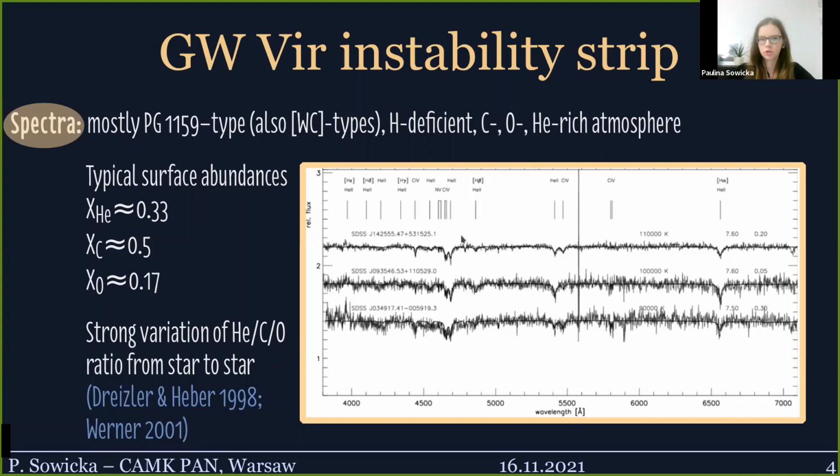The main spectral feature that distinguishes the PG1159 stars is this absorption trough made by the helium II lines and adjacent carbon lines. So this feature in here. And what is very interesting is that basically every star has a different composition. So there are very strong variations between the ratio of each element found from star to star.